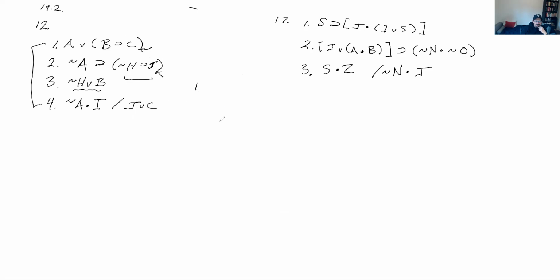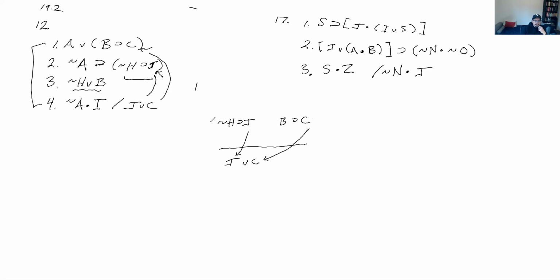We have a conditional, not H, therefore J. We have this other conditional, B, therefore C. And we have this conclusion, J or C. That's where J must come from. That's where C must come from, because there's no other J or C up here. So we can follow that back.